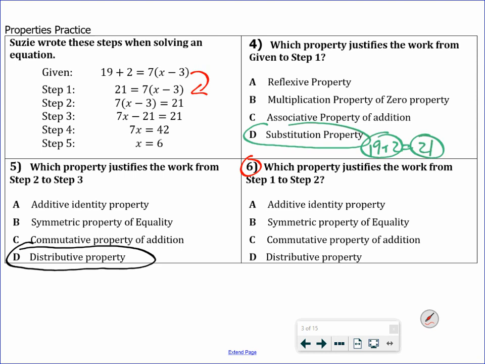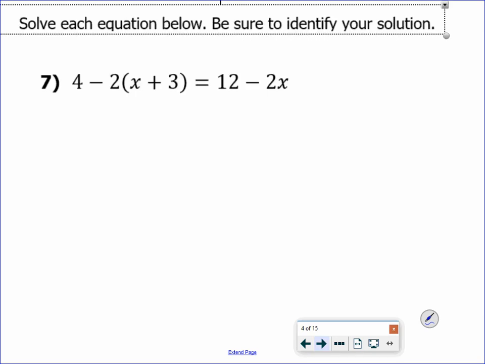And what happened is we flipped that around, from step 1 to step 2, right there. And there we flipped it around, so that is the symmetric property. And the symmetric property says that if A equals B, then B equals A.